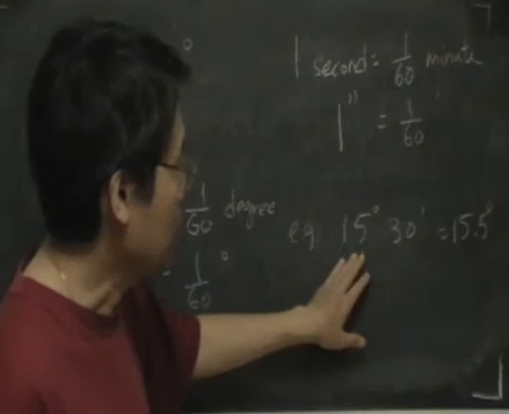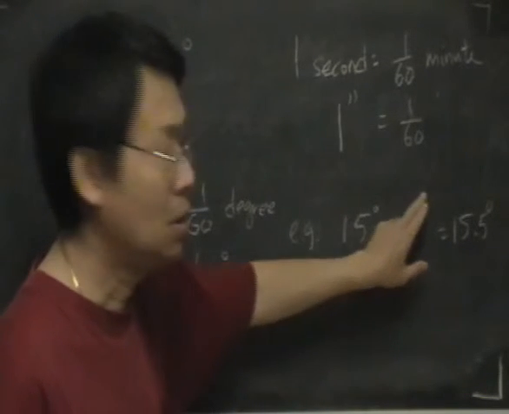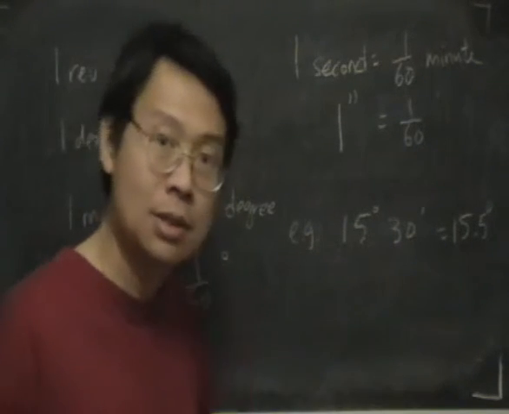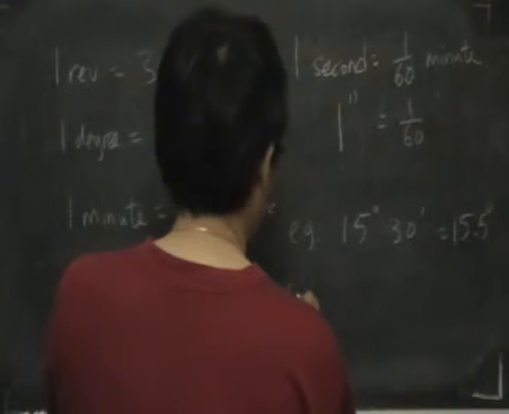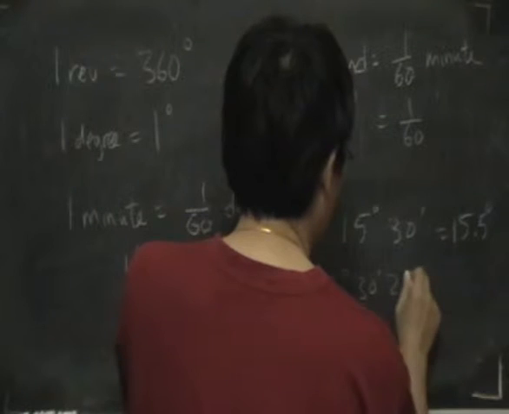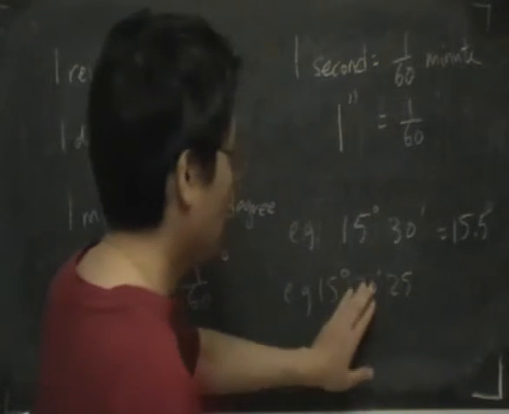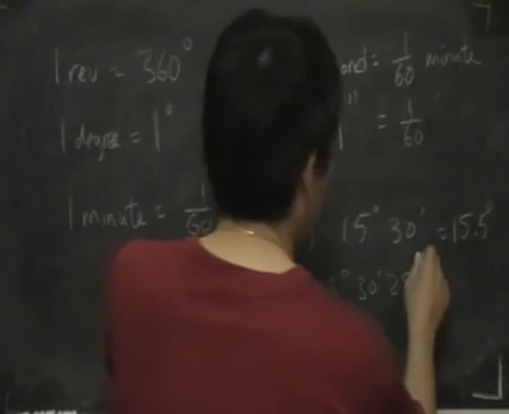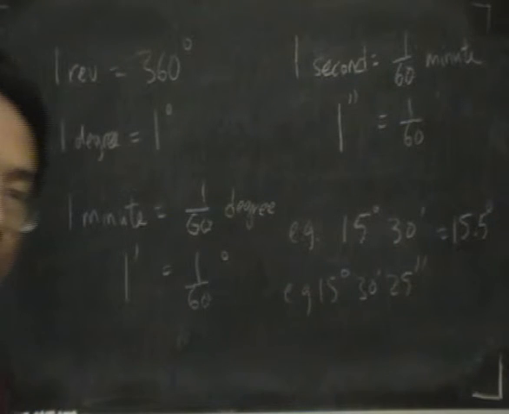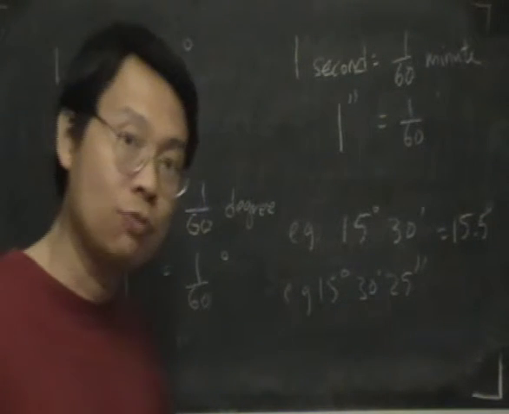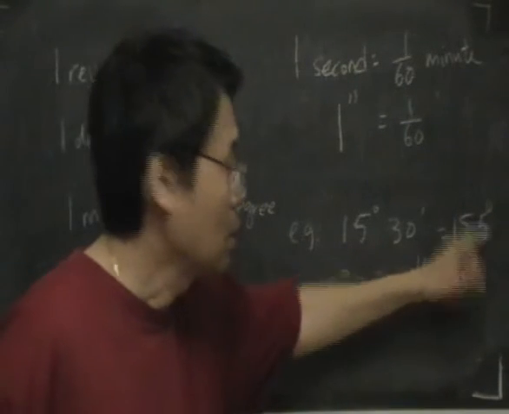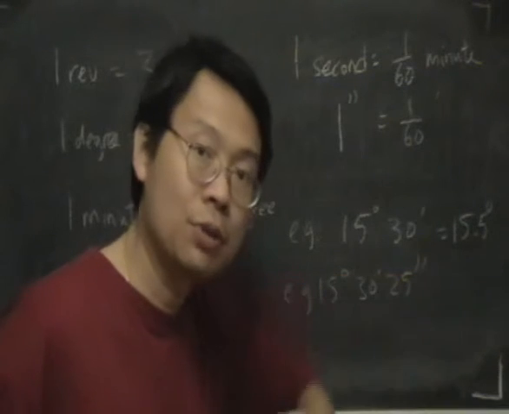And this is how we would write it. 15 degrees, 30 minutes. And what if I have seconds? I will just add the seconds next to it. So for example, I might have 15 degrees, 30 minutes, and 25 seconds. So that's how I would add to it. And if you're seeing this for the first time, it is confusing because we tend to be more familiar with decimals like 15.5 degrees.